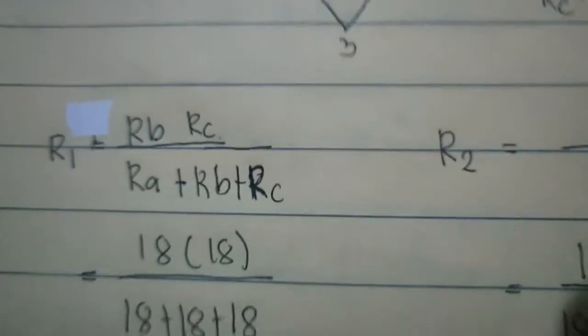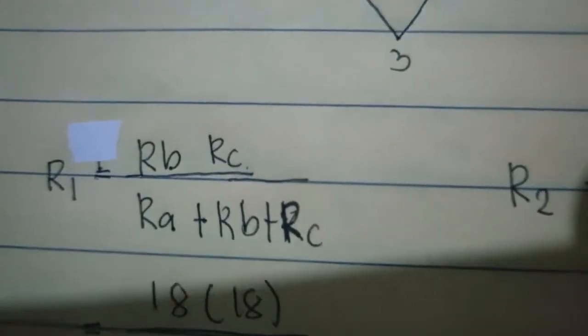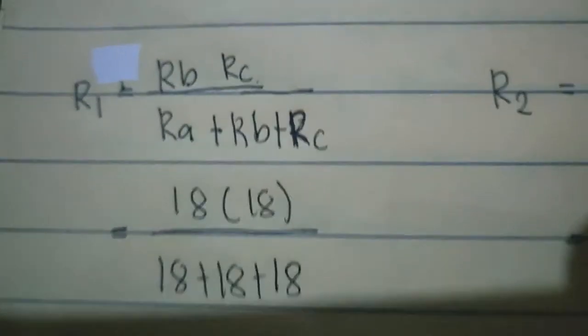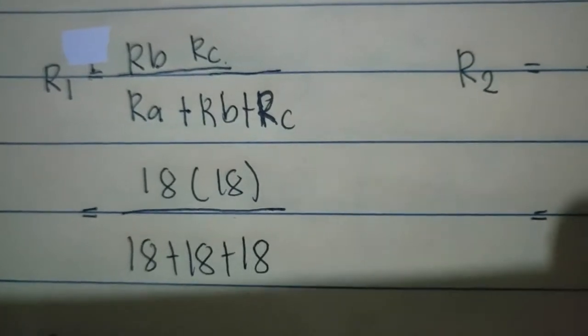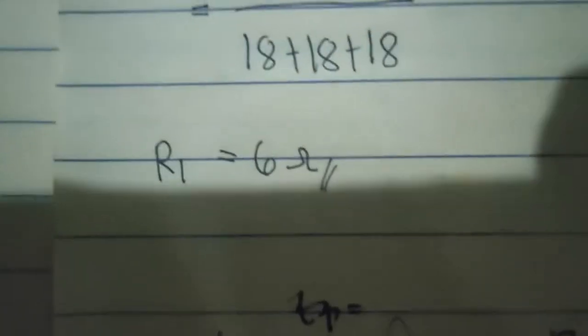So for solving R1, we will just use the series. So RB times RC over RA plus RB plus RC. So 18 times 18 over 18 plus 18 plus 18. So our R1 is equal to 6 ohms.